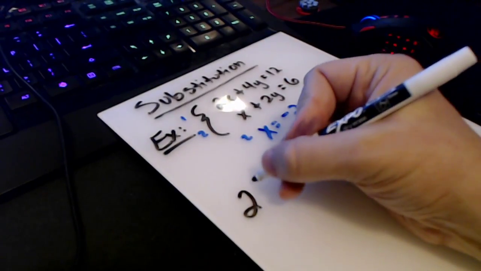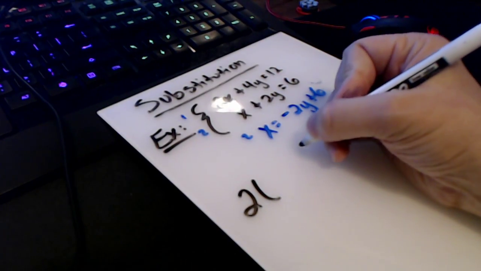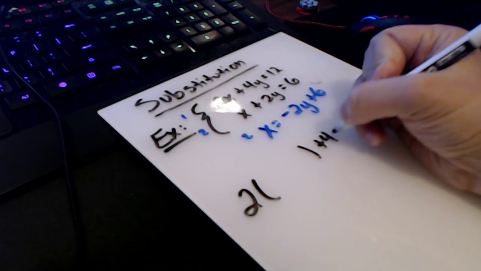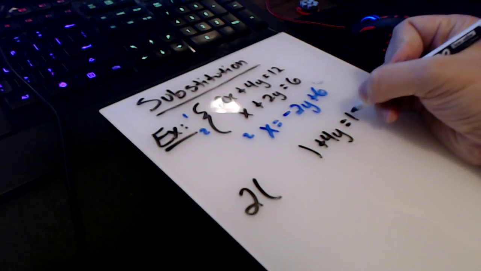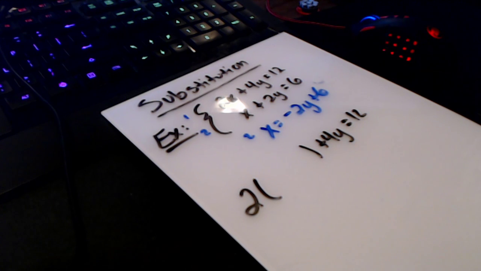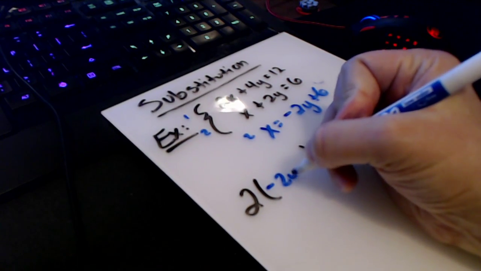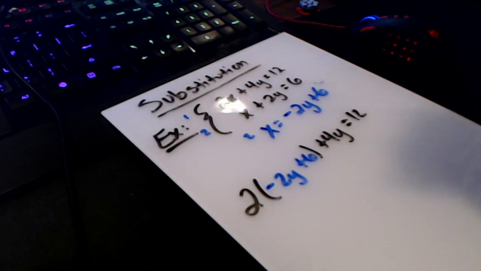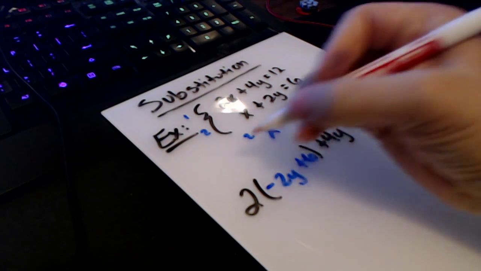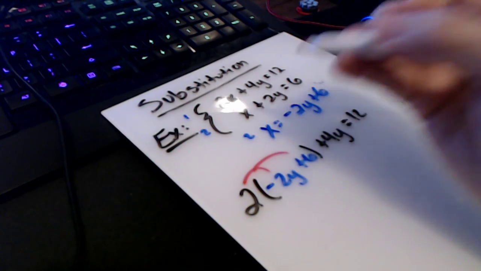So we have 2 times our x value we're going to substitute in plus 4y equals 12. Now, when we do this, we are substituting in that negative 2y plus 6. So negative 2y plus 6. And the good news is, again, we are going to distribute.